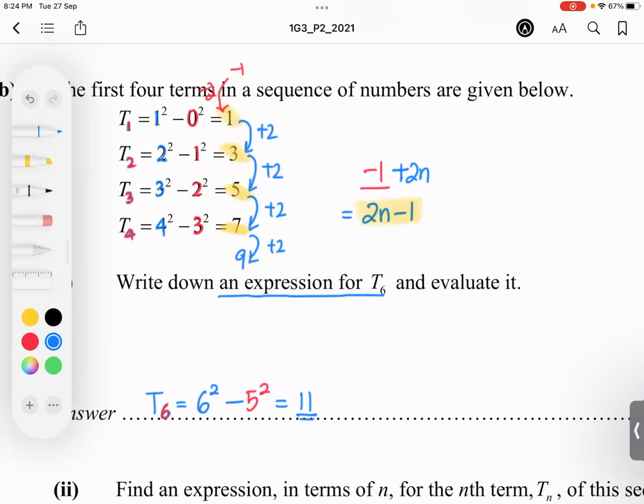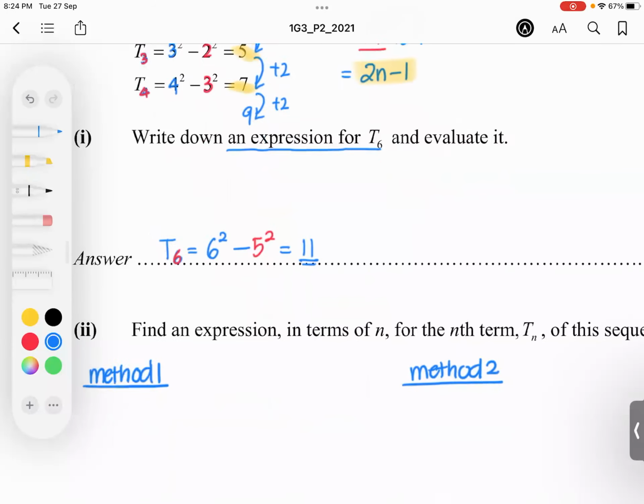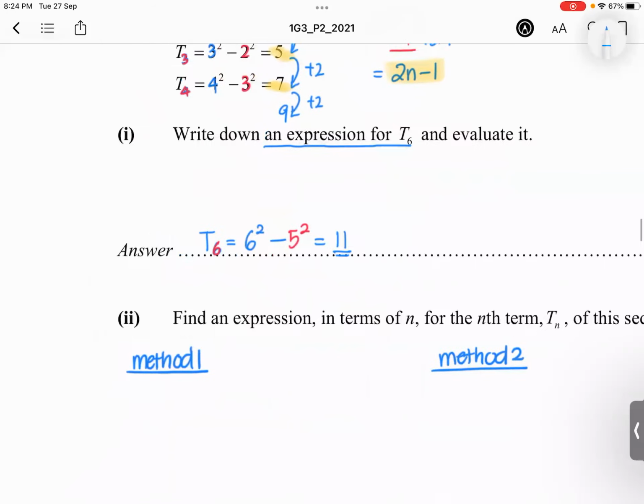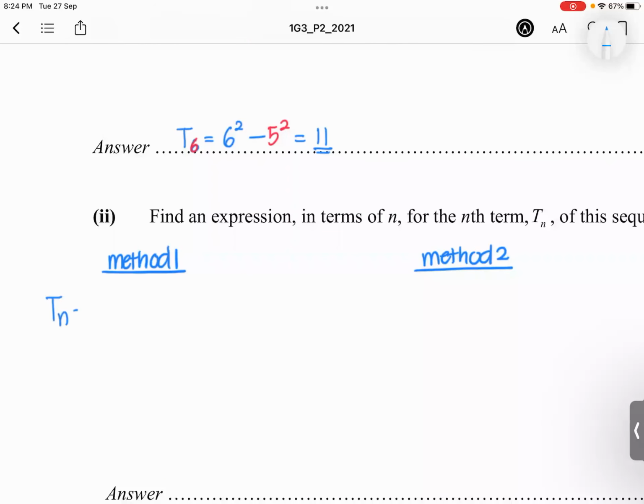So in this case, when the question says find an expression in terms of n for the nth term, I'm going to follow the first method. The first method is Tn equals n squared minus this one. How do I get 5 from 6?